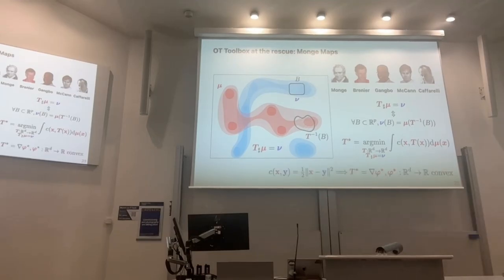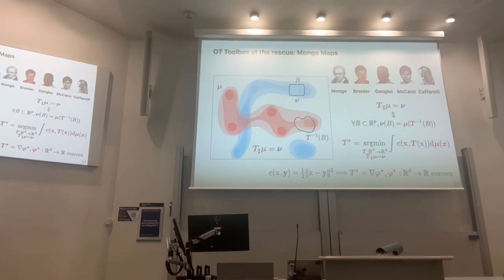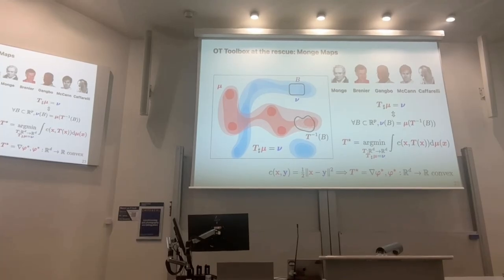Let me again be a bit brief. There are a few very nice results, not new in the sense that they are from 100 years ago. But if you look at the history of this problem, it's kind of fascinating that nothing happened between 1781, or so, and Brenier, who proved this result shortly after, in 1987.